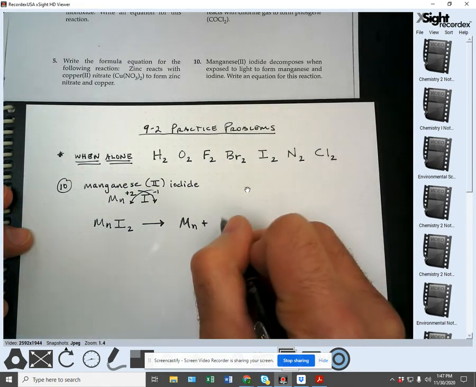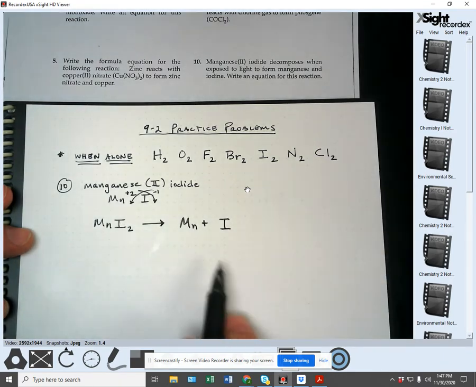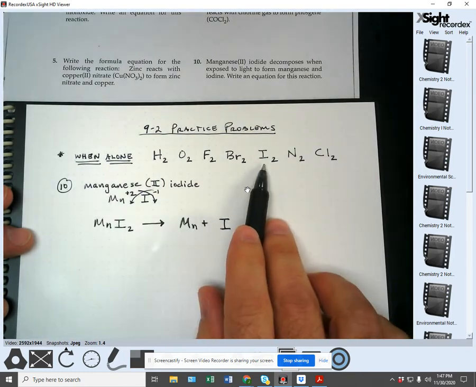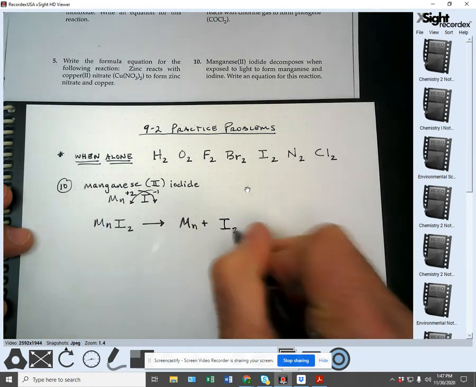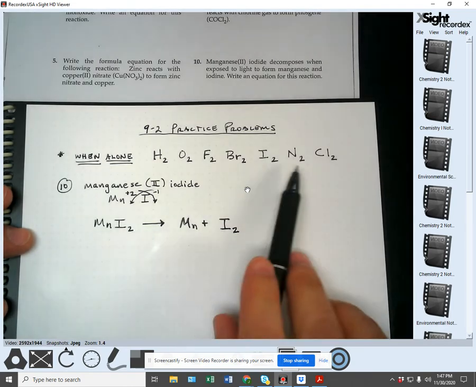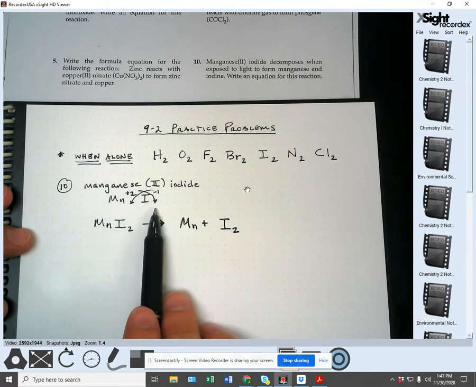iodine. Now, remember, iodine, when alone, is one of the Hofbrinkels. So it's diatomic, so when it's alone, we've got to put the subscript 2, like that. The 2 over here did not come from the Hofbrinkel. It came from the charges being crossed down.